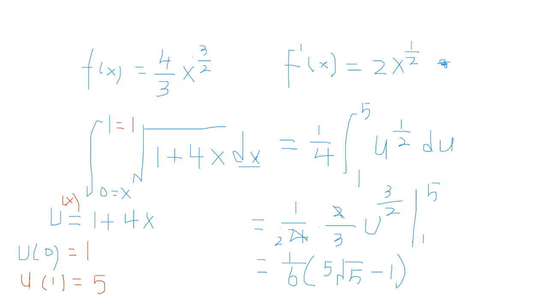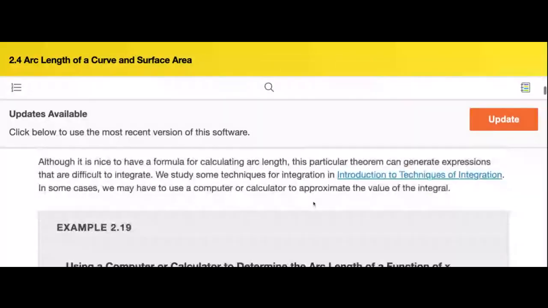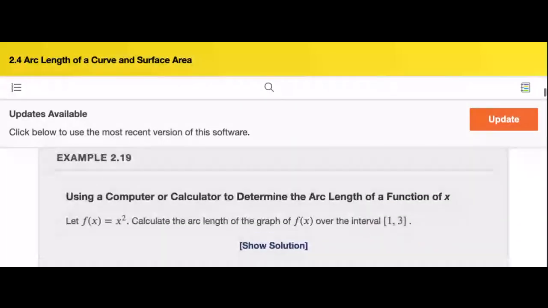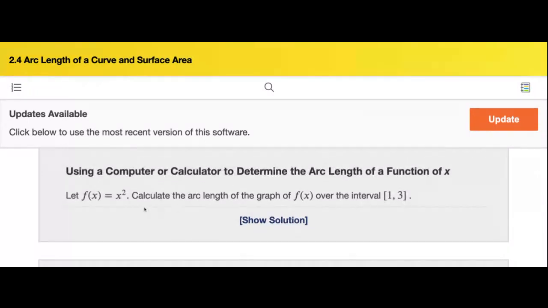Okay, let's go back to the textbook. Let's see this one. Use a computer or calculator to determine the arc length of the function. Let's not do that. X squared, when we take the derivative, we just get 2x, right?